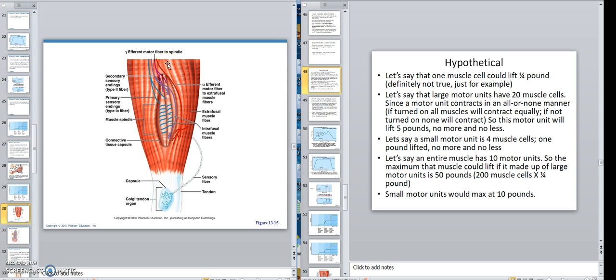If your muscle was to contract too much, get too tight and shorten, it could potentially pull the muscle tendon, and the tendon would pull off the bone.